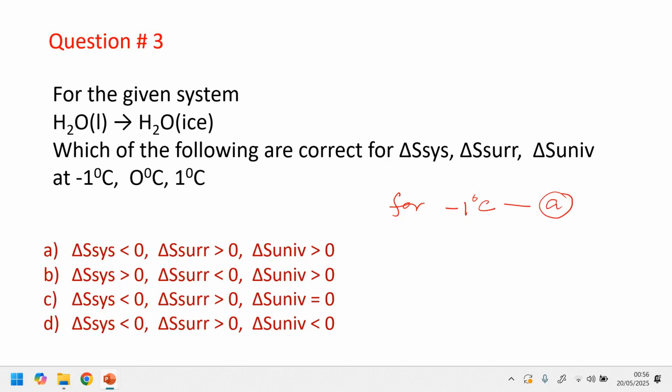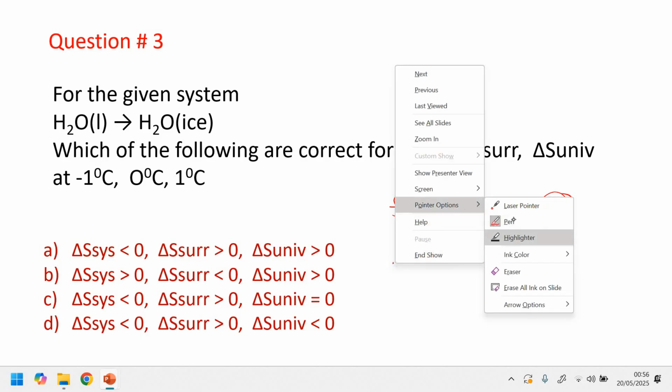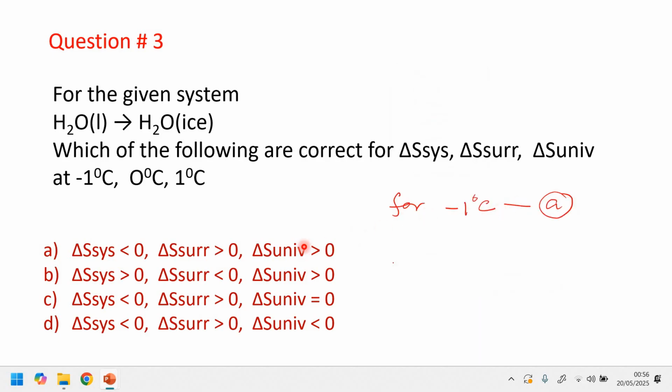Now coming to 0 degree centigrade. 0 degree centigrade means total entropy change, that is entropy change of the universe, will be 0. So only one option is there, that is C. See, look at here. Here for the system, entropy change will be negative because it is releasing heat. So here system entropy change less than 0 and surrounding must be greater than 0.